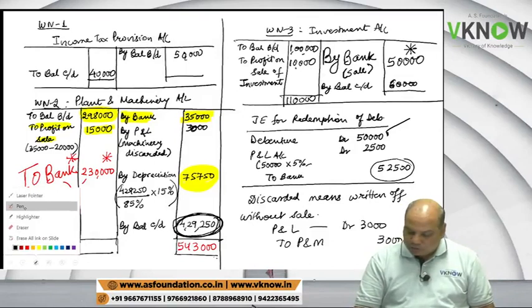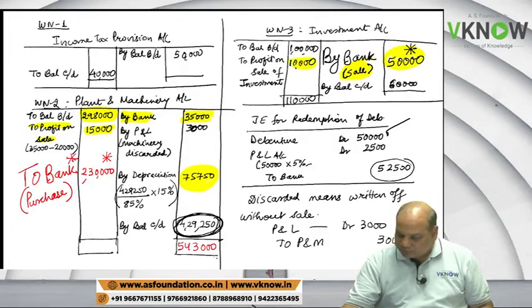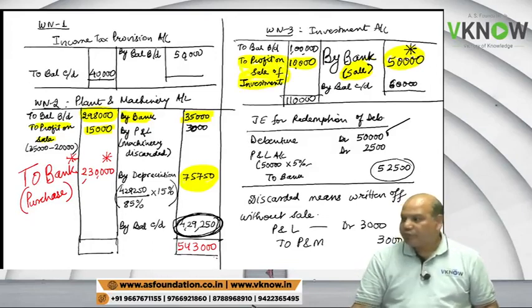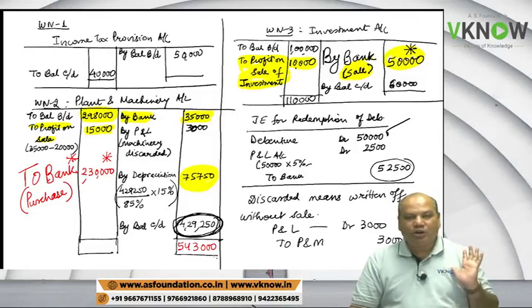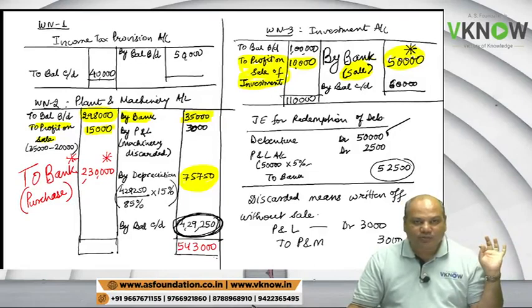So what we will do now? 50,000 sale of investment. We will write in investing activity, and 10,000 rupees profit on sale of investment, which is credited to P&L account. We will deduct it in adjustments.